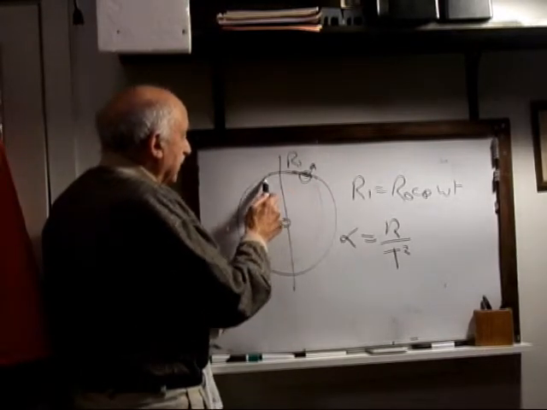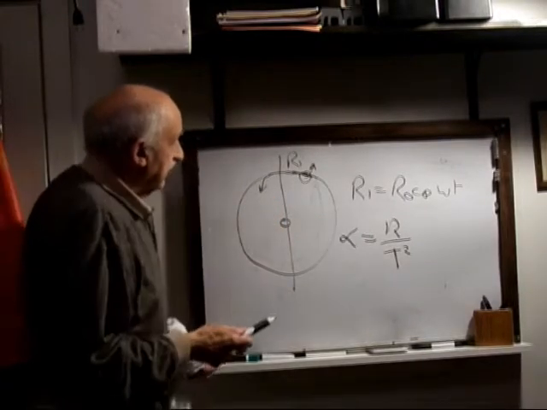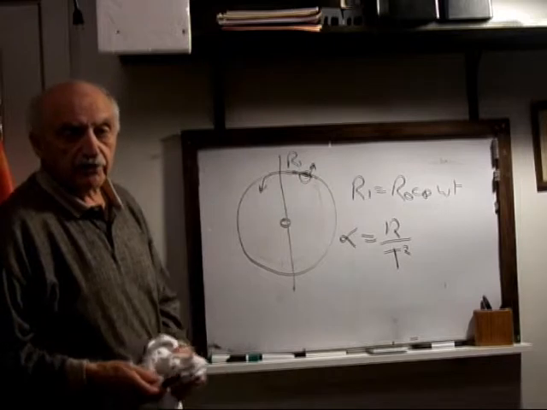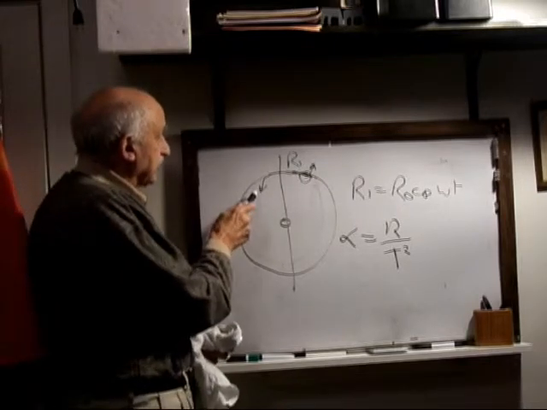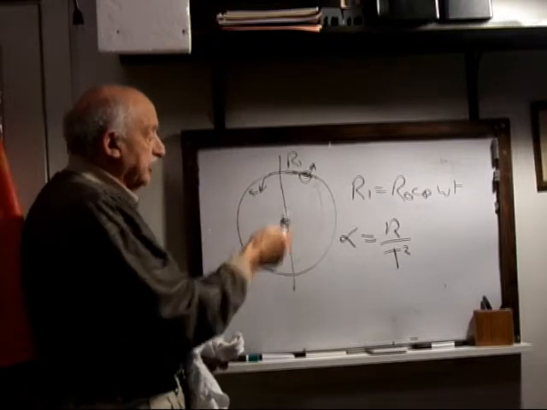And if it were to move in, then the distance between the Earth and the moon would reduce, and the force of gravity would reduce, and it would go back. So it's a stable condition.